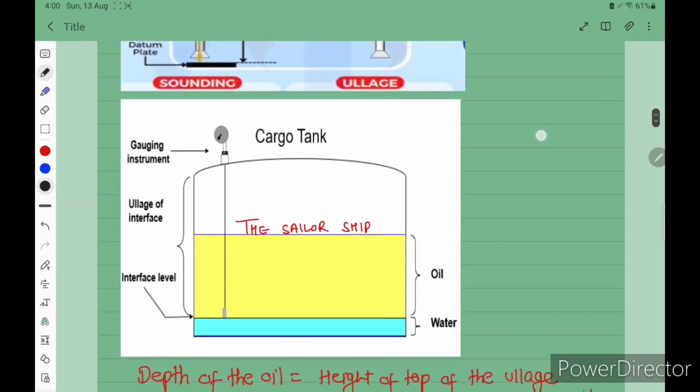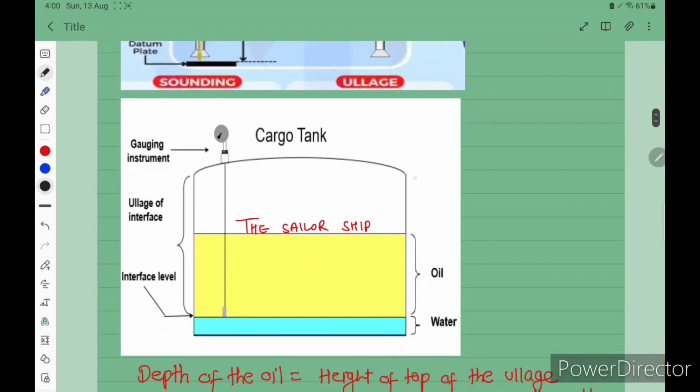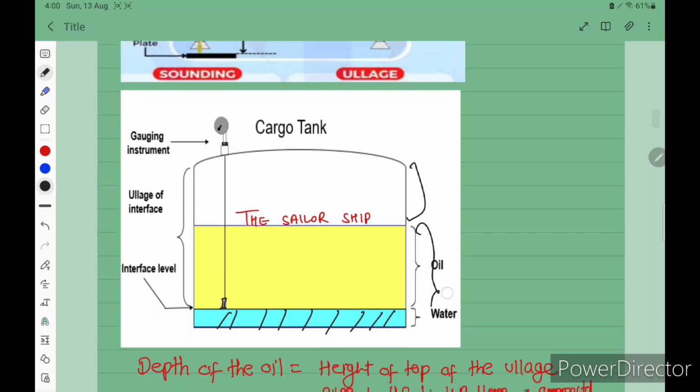Same here, it is called ullage and this is called sounding, and this is called deep water level. So how onboard will they detect? They have one UTI tape with a sensor. So once they touch it and the water interface level changes, it will give different tunes.